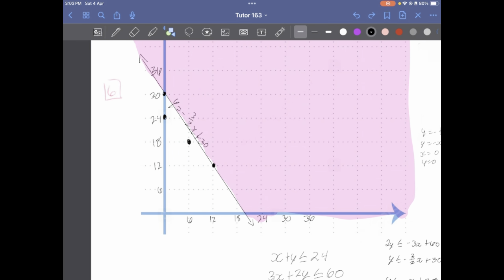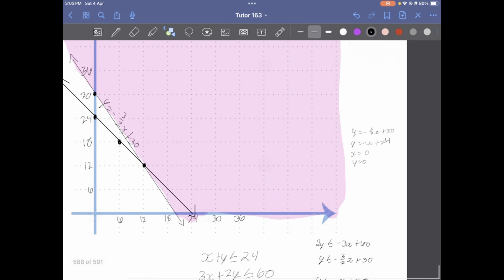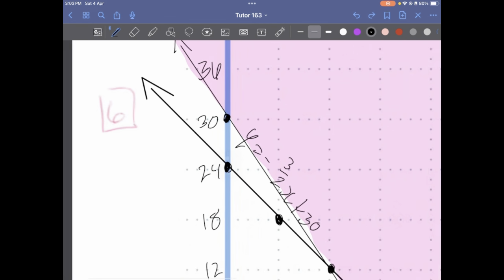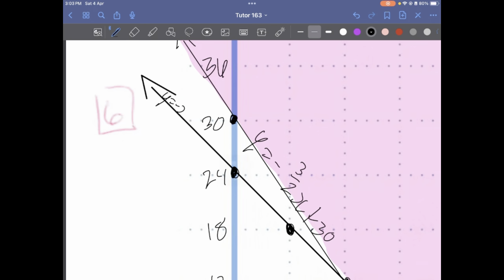I'm going to start from right here. Okay. Label it. This is y is equal to negative x plus 24, not 20.